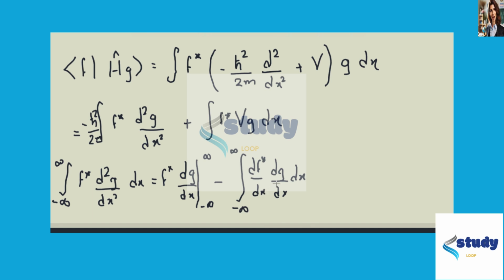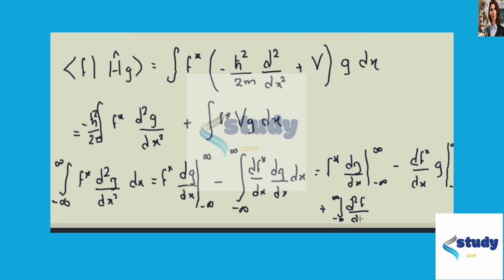Now again we apply the integration by parts rule on the second term, and after that we get f star dg by dx between the limits, minus df star by dx g between the limits, plus finally the integral from minus infinity to infinity of d2 f star by dx squared g dx.